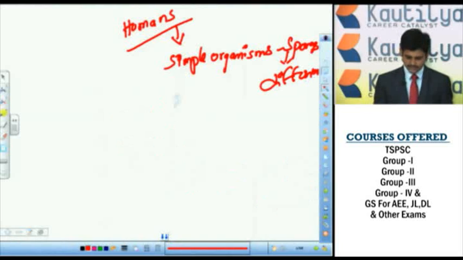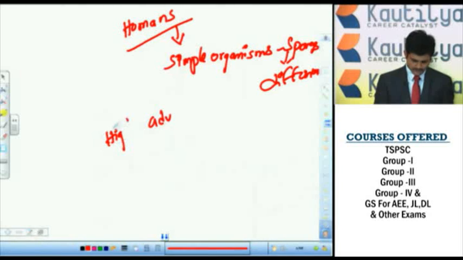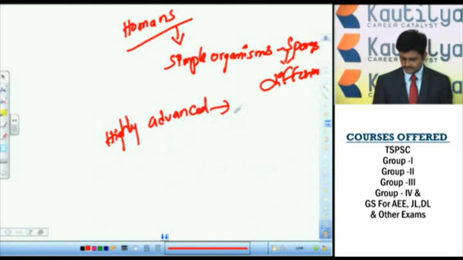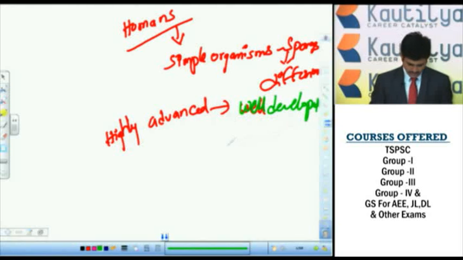And in highly advanced organisms, it is through a well developed circulatory system.